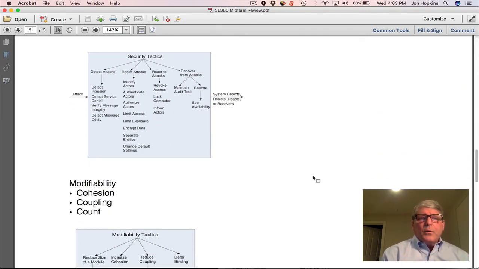Security, we're in the test here, it's going to be more about this division between when we can detect an attack, how we can resist it, how we can react to it, and then recover. A lot of times we think of security in terms of resisting the attacks, but that means that we are assuming that somebody is trying to attack it when we identify and authenticate an actor.